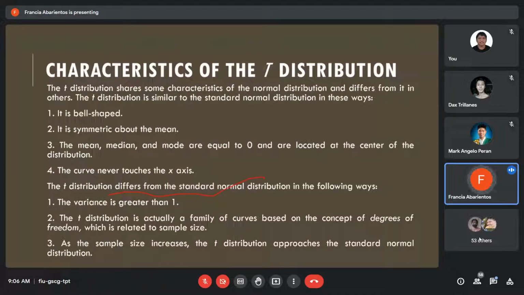Ayan, following ways. The variance is greater than 1. The t-distribution is actually a family of curves that is based on the concept of the degrees of freedom. Papasok na po dito yung degrees of freedom natin, which is related to the sample size, as well as this. As the sample size increases, the t-distribution approaches the standard normal distribution.